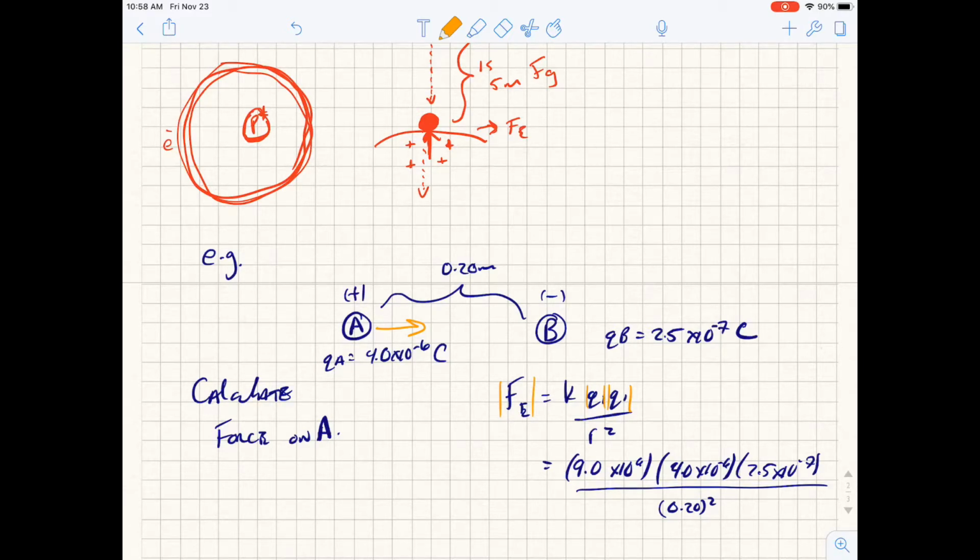And we assign that positive number only once we have identified which direction the force is going to be acting on A. How do we know? Well, we have to look at the charges themselves. If we have a positive charge and a negative charge, we know the direction is going to be that way. Okay, the electric force should never come out to be a negative number when using the formula.